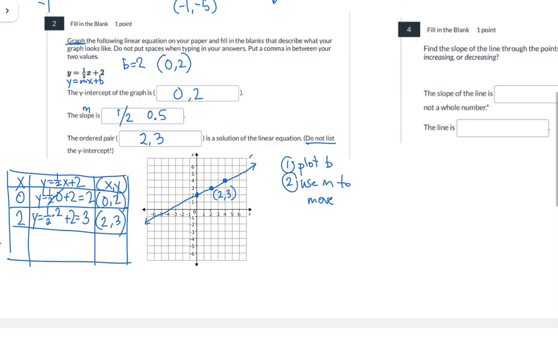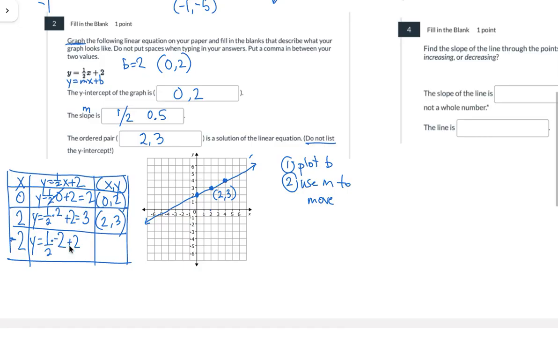I'm going to choose another one. This time I'm going to choose -2 because I know it's a multiple of 2. So I say y equals 1/2 times -2 plus 2. Wait a second, where am I?